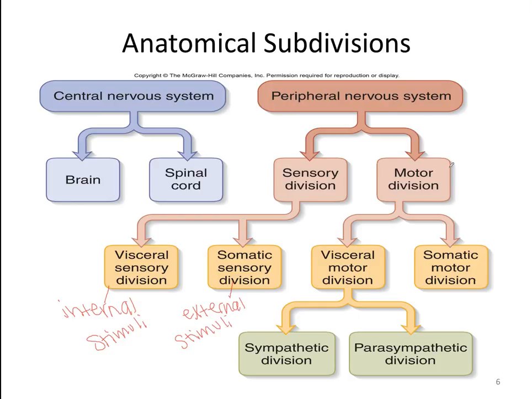The motor division, of course, controls effectors like muscles and glands. The somatic motor division, we know, controls skeletal muscle. And the visceral motor division controls smooth muscle and glands.